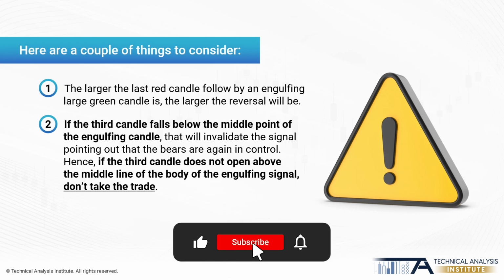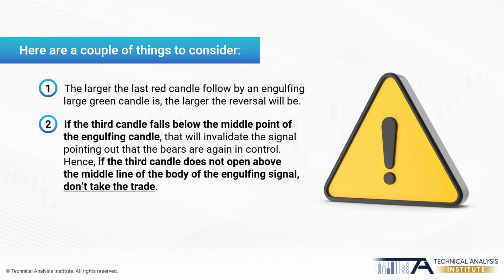Hence, if the third candle doesn't open above the middle line of the body of the engulfing signal, don't take the signal. Now, let's see a few examples to learn how to identify the bullish engulfing signal properly.